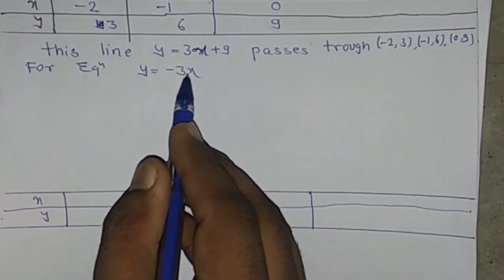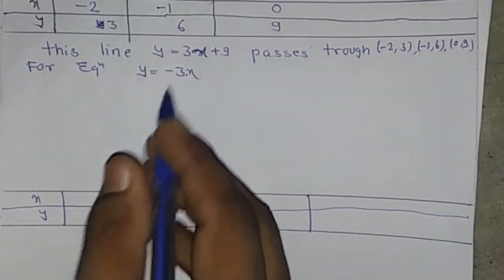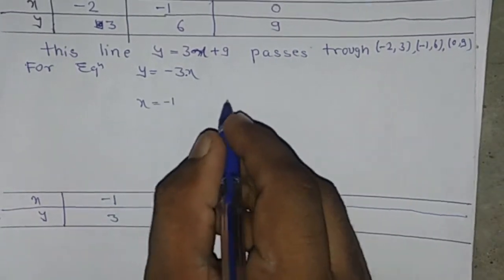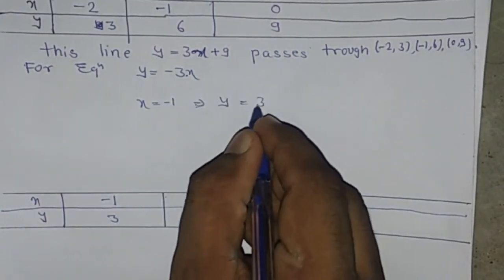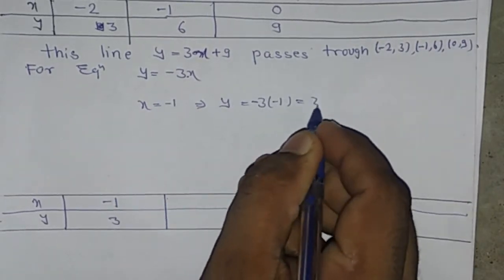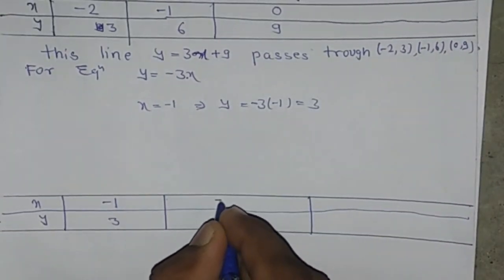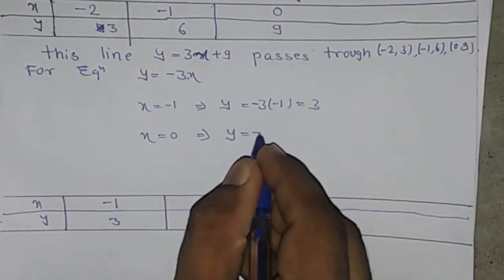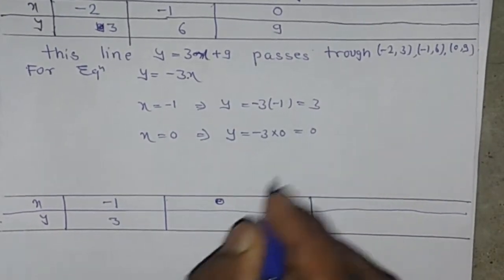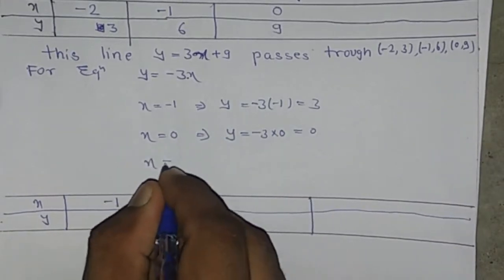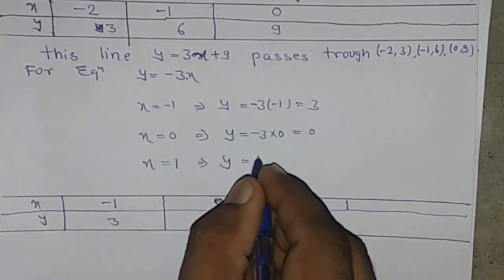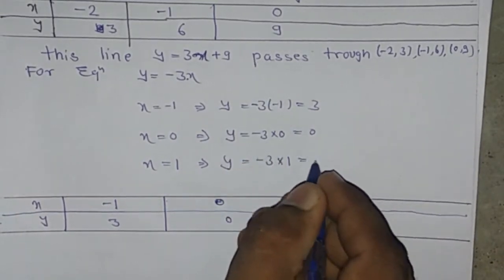Put x equal minus 1, then y equal minus 3 into minus 1 gives 3. x equal 0, value of y is minus 3 into 0 means 0. x equal 1, value of y is minus 3 into 1 means minus 3.